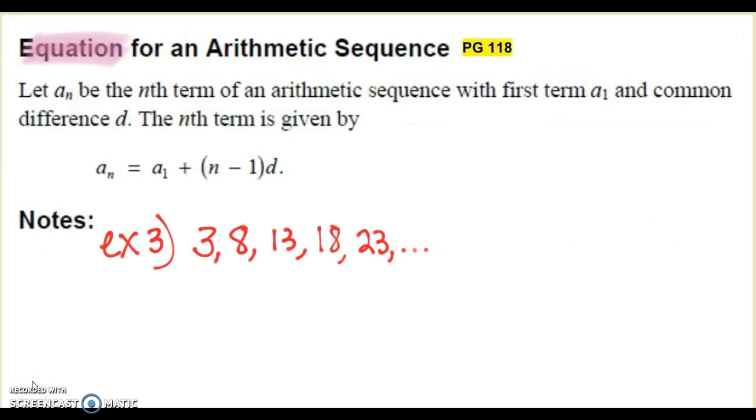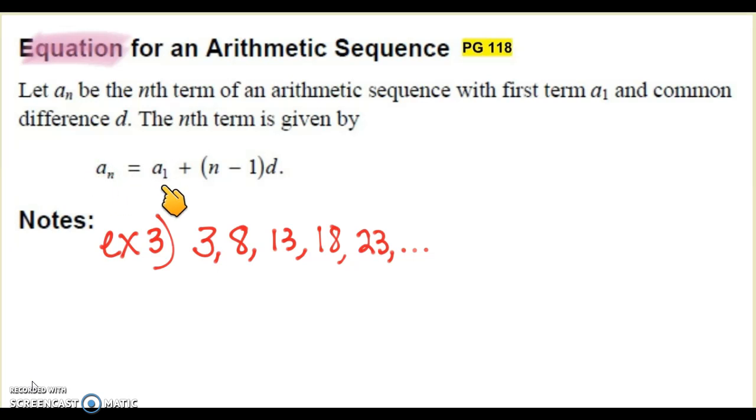Okay, students, let's look at how we can write an equation for an arithmetic sequence. So let's get used to some new notation. We have a sub n, which is the nth term, or any term you could be looking for in the sequence.